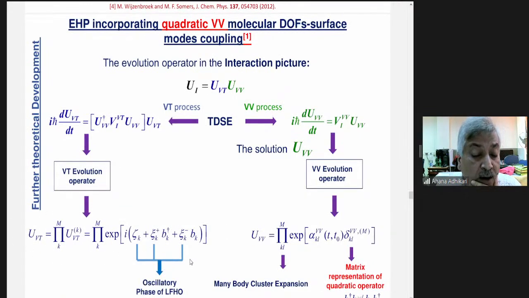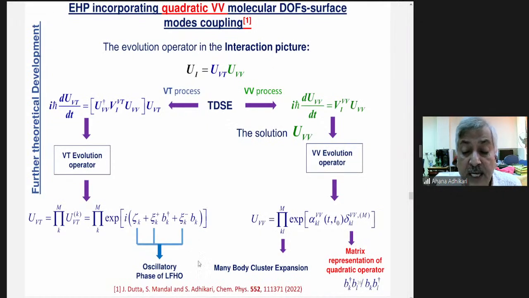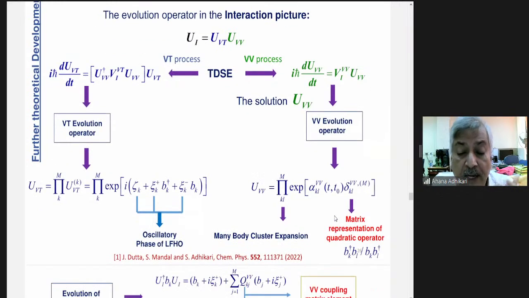You get this kind of term for the linearly forced harmonic oscillator, but for the higher order, that means the bilinear term, you get this kind of matrix representation of a quadratic operator, and then you take a product of that, which is a kind of cluster expansion of the evolution operator, some kind of coupled cluster expansion of the evolution operator.